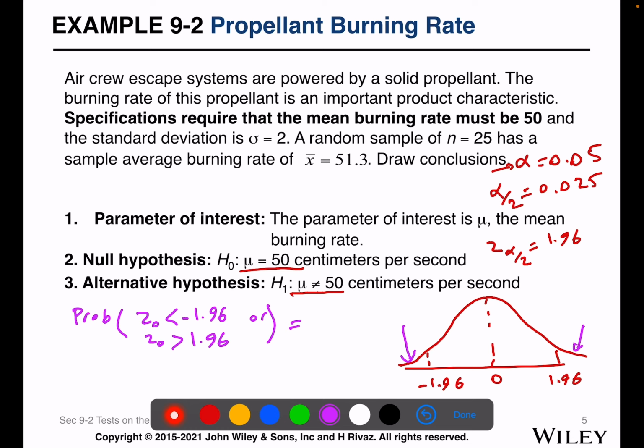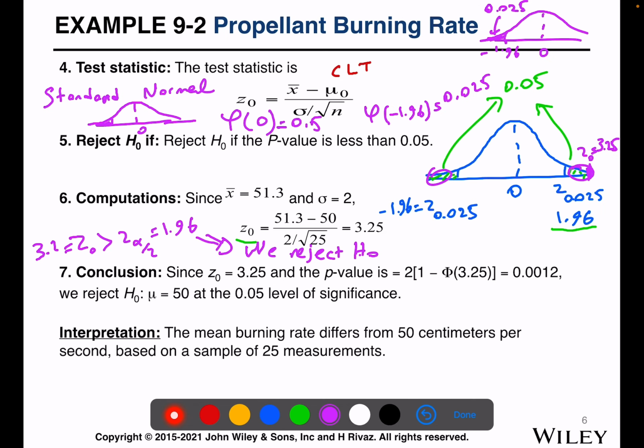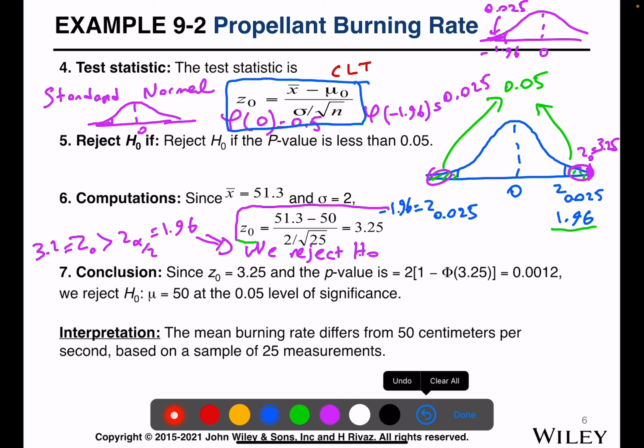What's the probability that whatever Z that we calculate is either less than minus 1.96 or more than 1.96? And remember, Z0 is what we calculate from here, right? So Z0 is this equation: x bar minus mu0 divided by sigma divided by square root of n.